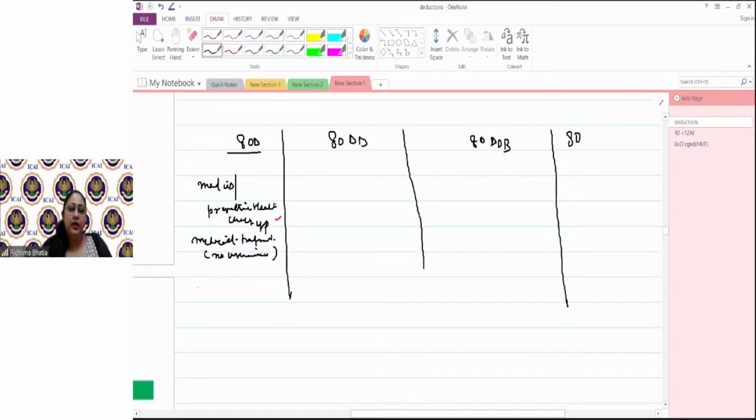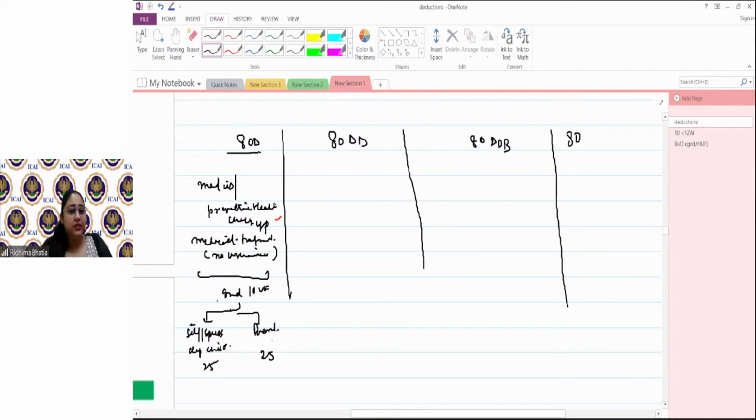This is clear to us. Who can claim it? Individual can claim it or HUF can claim it. Individual can spend all these amounts for himself. Here the individual gets two slots: for self, spouse and dependent children, and here it's only parents. 25,000 each, so the limit is maximum 50.